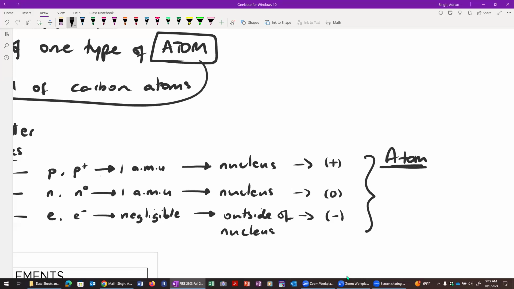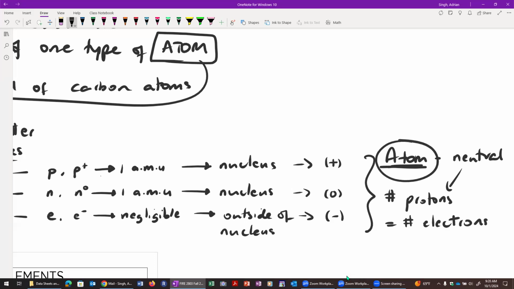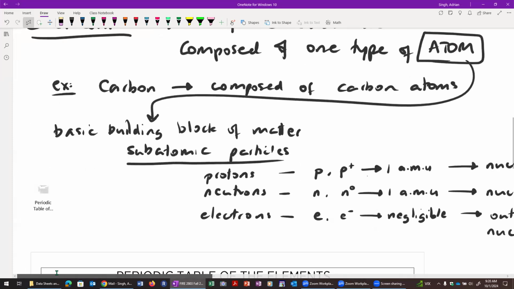If I'm referring to something as an atom, it has to be neutral overall. And because there are only two subatomic particles that contribute to charge, protons and electrons, if an atom is overall neutral, this means the number of protons must equal the number of electrons. Okay, so we talked about all of this earlier on. Just a quick review.